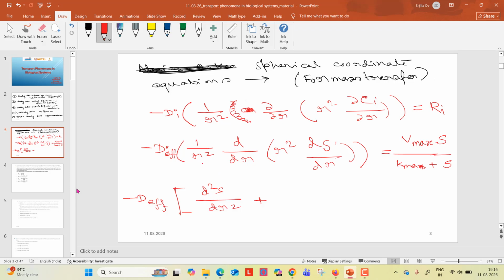So 2r by r squared will be 2 by r dS/dr equals the same. I am writing Vm and Km. Vm S by Km plus S. So it will be plus because minus is already downside. So it's not minus 2r, sorry, it is 2r. Extremely sorry.